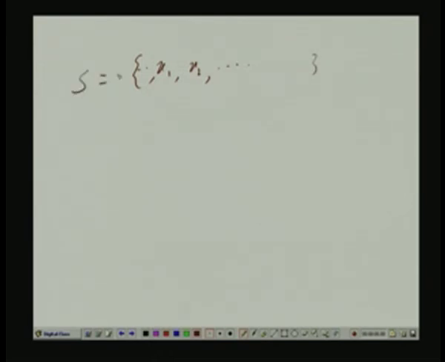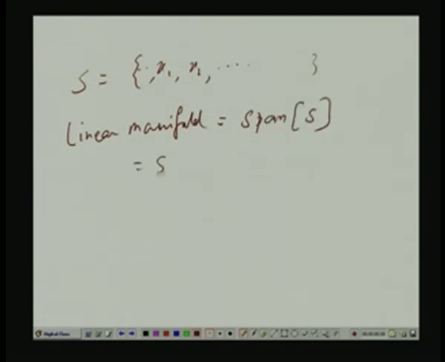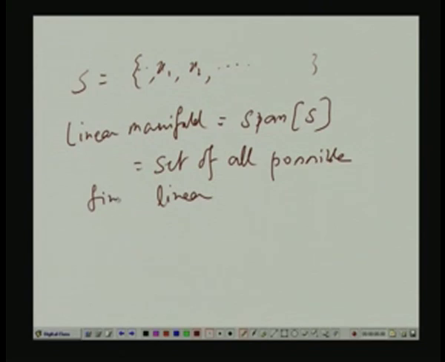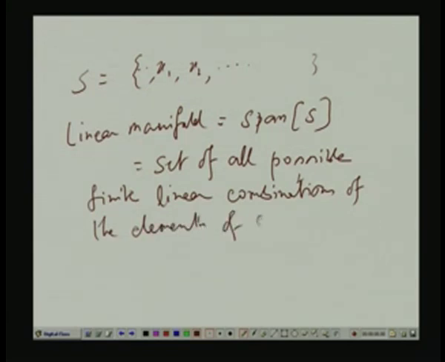Then the linear manifold, which we also call the span of S, means the set of all possible finite linear combinations of the elements of S. Actually, we do not need all this, but I am just taking this opportunity to introduce a few basic notions to you.